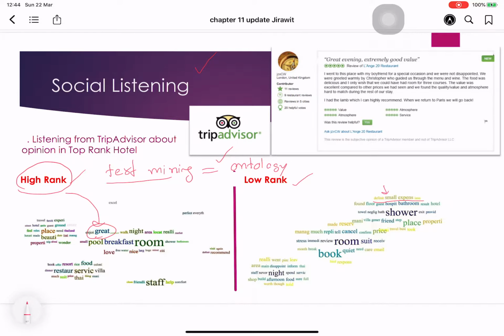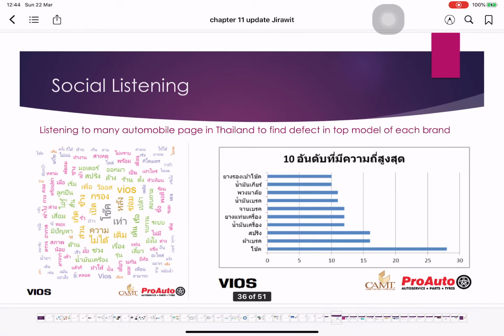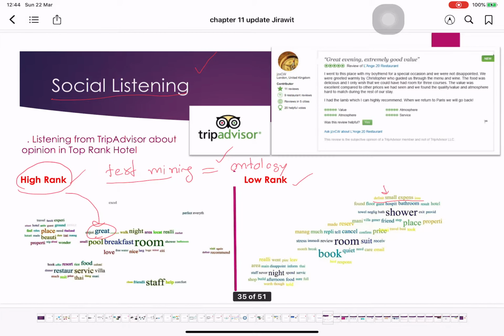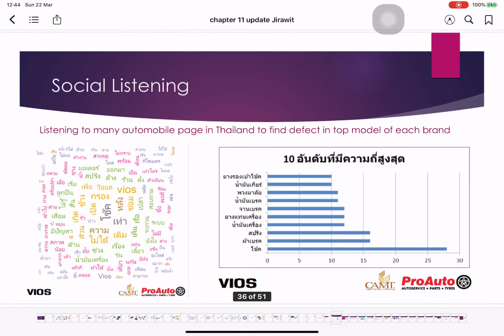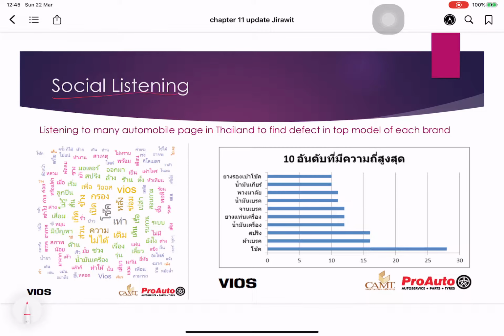letters of the alphabet. This is the function of social listening that plugs into the TripAdvisor software or social network analysis. And this is about social listening.